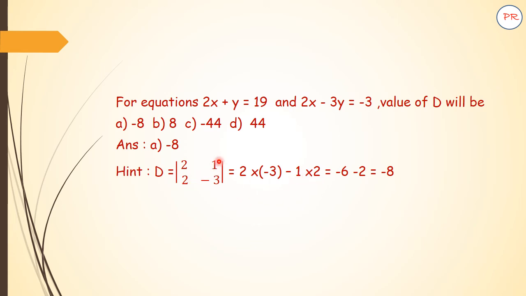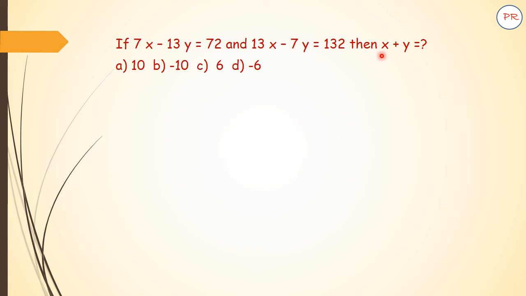So 2 into minus 3 comes out to be minus 6, and minus 1 into 2 will be minus 2. So minus 6 minus 2 is equal to minus 8. Therefore, answer is A, minus 8.